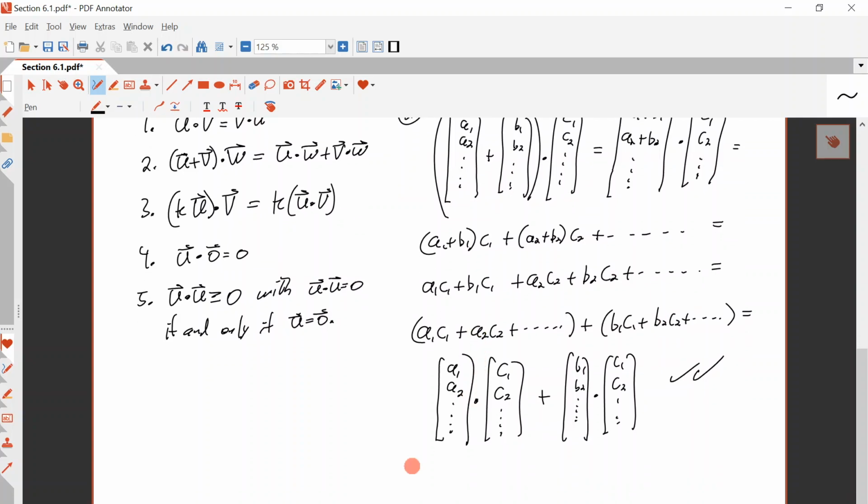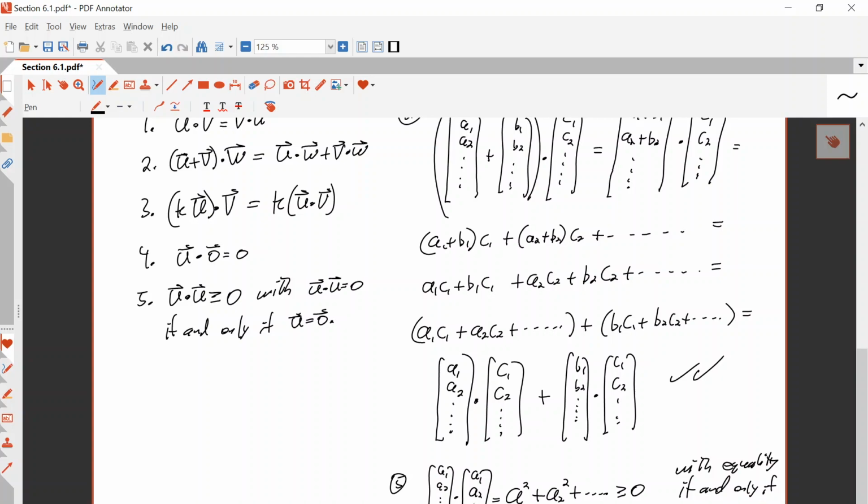And then number 5, if you just take a vector dot itself, (a1, a2) dot (a1, a2), what do you get? You get a bunch of squares, which is bigger than or equal to 0, with equality if and only if a1 equals a2 equals 0.